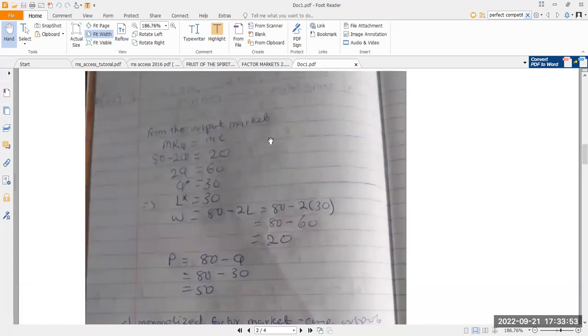For the competitive input market, he will break even too. His marginal cost was 20, and he's charging a wage of 20. You see that there's a break even there. So wherever you see the competitive firm, whether in the input market or the output market, you still have to what? Break even.